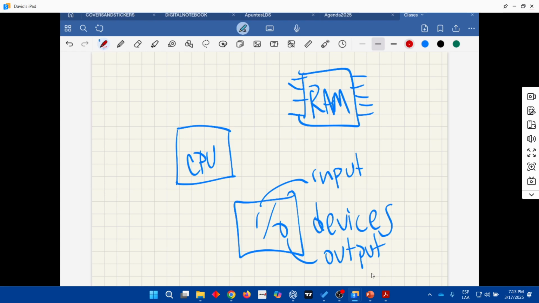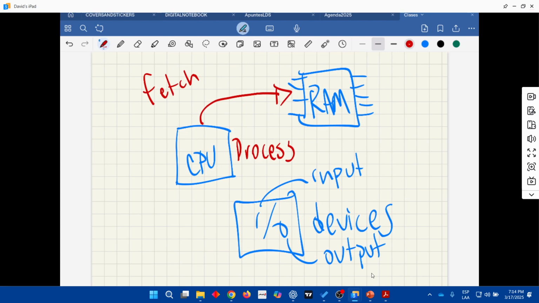The CPU fetches information from the RAM. Fetch, what is that? The CPU goes to the RAM memory to get some information. Then the CPU processes the information.